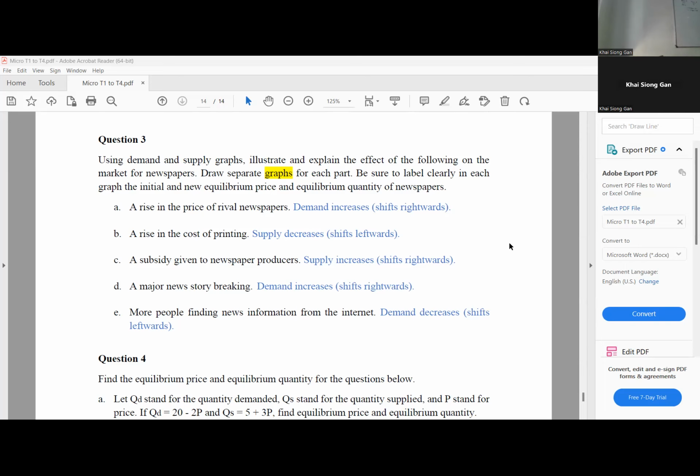A subsidy given to the newspaper, like what we have done just now. Same thing, origin, price, quantity, demand curve, and supply curve.